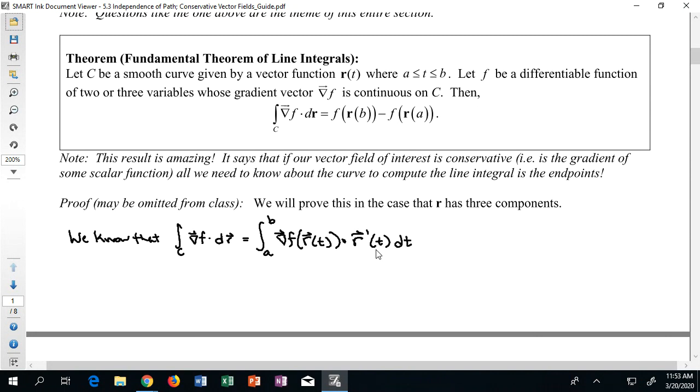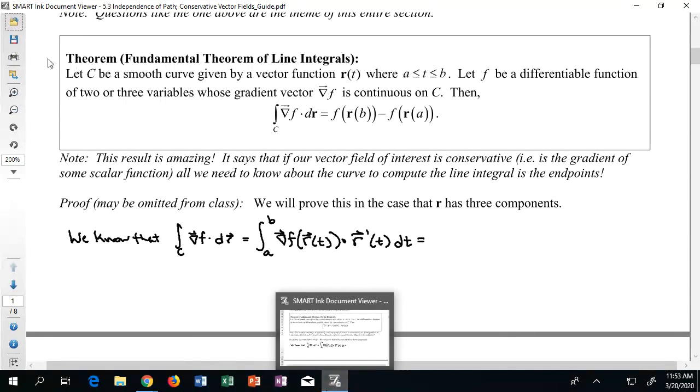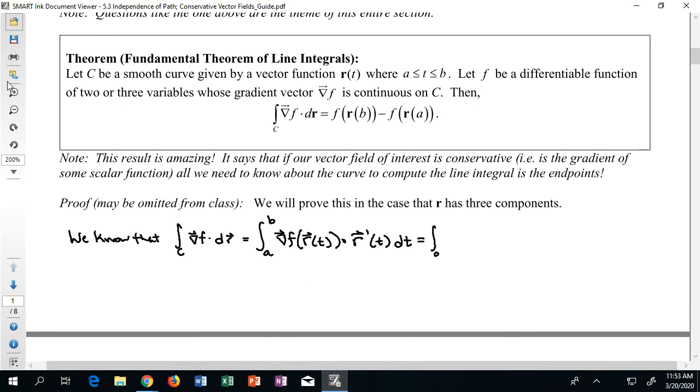Now, what that really means is I'm going to have an integral from a to b, where I have a partial of f with respect to x, a partial of f with respect to y, and a partial of f with respect to z. That's my gradient. And I end up dotting that with the derivative of r, which would be the derivative of x with respect to t, derivative of y with respect to t, and derivative of z with respect to t. And then, of course, a dt at the back.